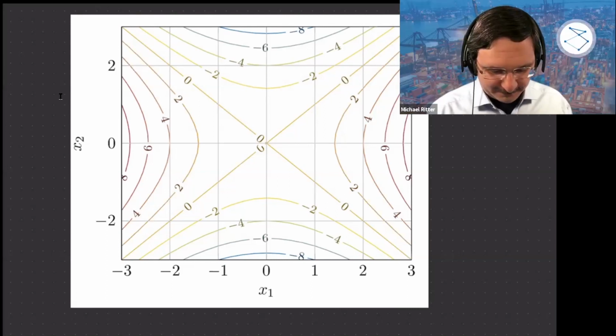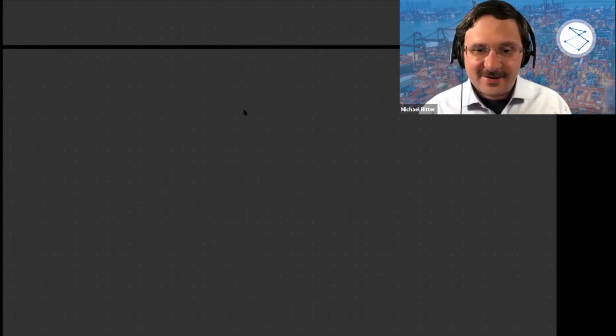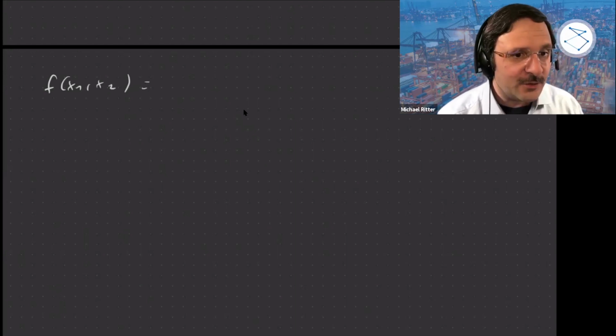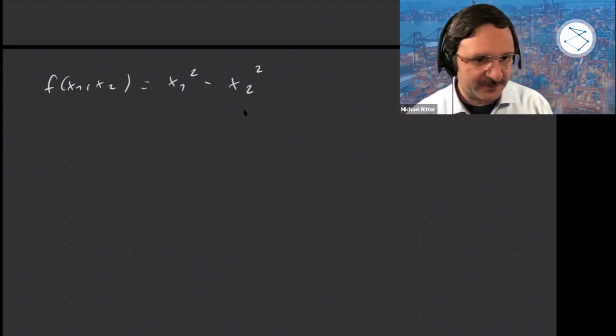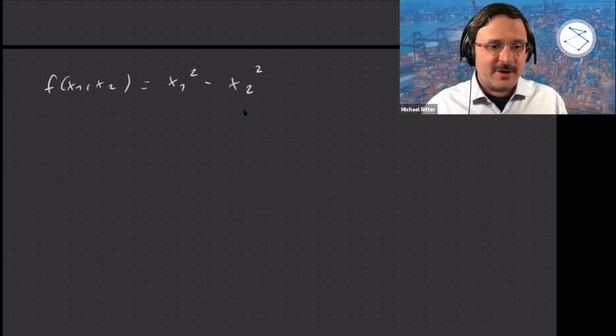Okay. Then let's go on with the easier part of that problem, which is gradient and Hessian. So let's write down the function once again. It was f of x1, x2 equals x1 squared minus x2 squared. The gradient simply consists of the partial derivatives.